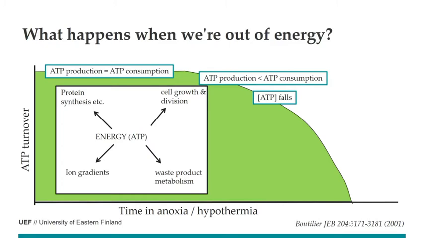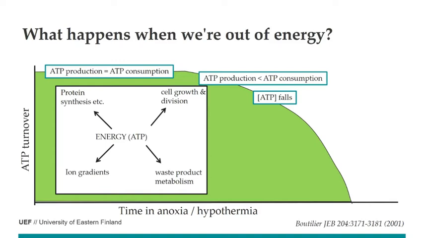And what happens? Well, we need the ATP for protein synthesis, we need it for cell growth and division, but one of the things that is faster is that we need it for ion gradients. We have learned so far that we have the sodium-potassium ATPase pump, that can consume maybe 30% of the energy need in the cells, and it's working all the time.